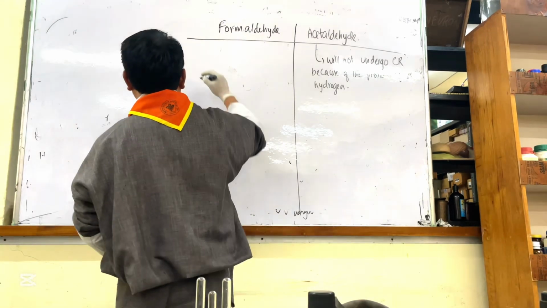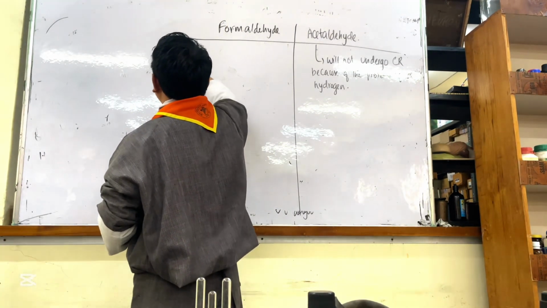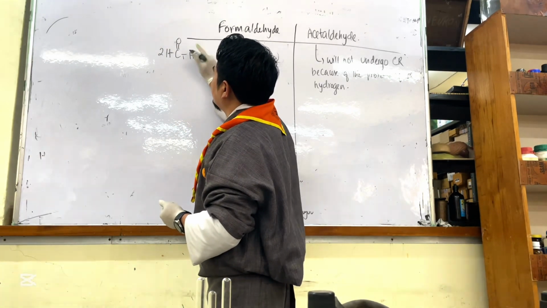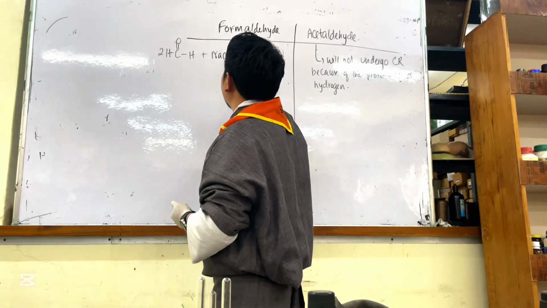In the definition it says that 2 molecules. So we are going to take 2 molecules of formaldehyde. 2 molecules of formaldehyde react in the presence of sodium hydroxide.